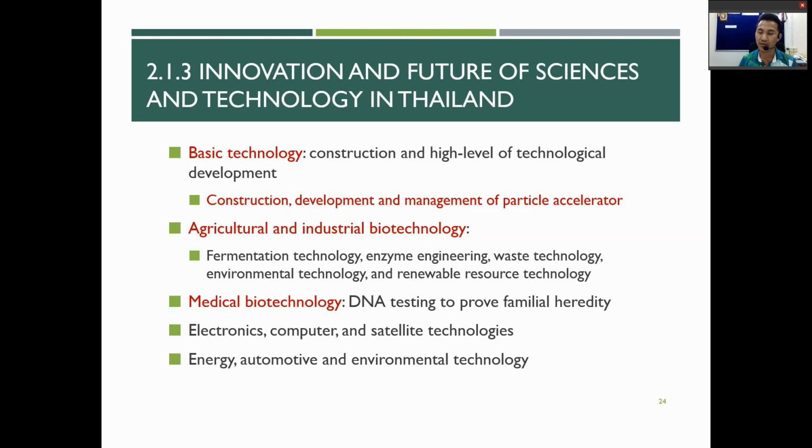We have to use several steps of production technology, like fermentation technology, enzyme engineering, waste technology, environmental technology, and renewable resource technology. We have to bring all these together to boost up the agriculture work.